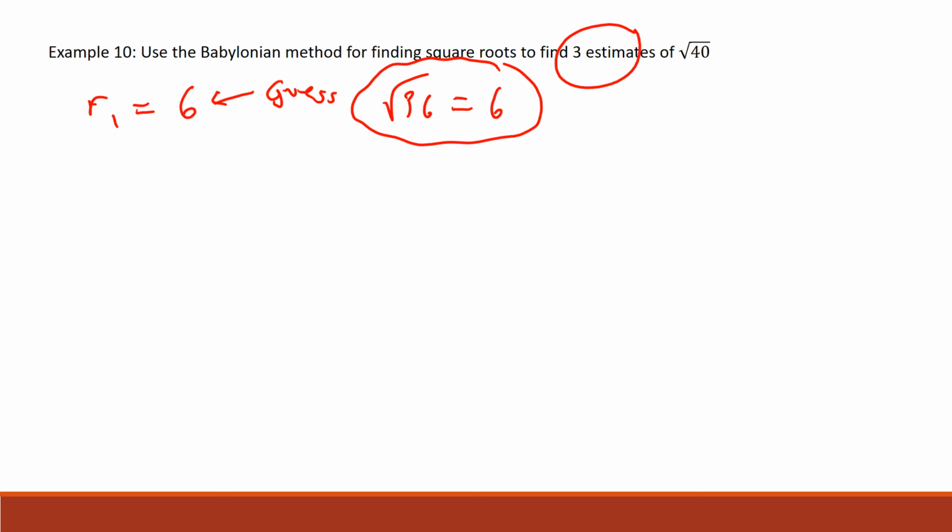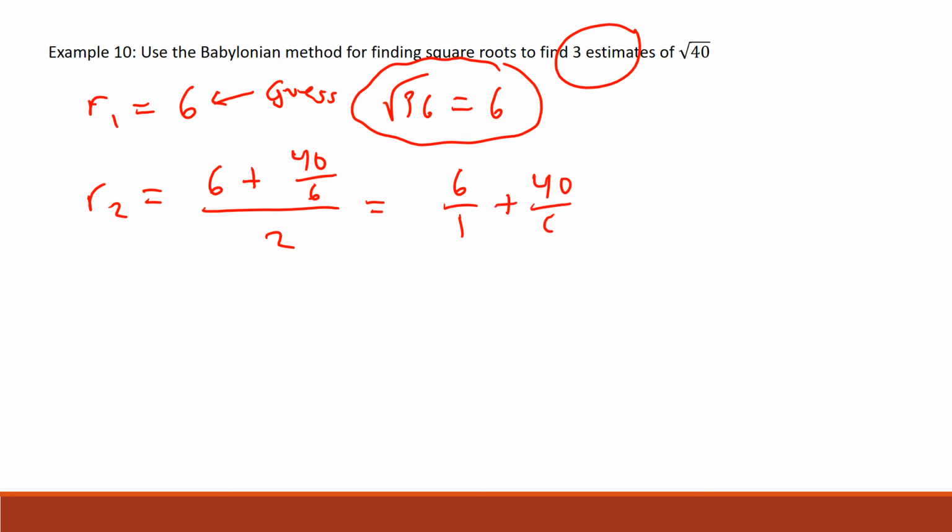Now we're going to do R2, our second guess. That's going to be 6 plus 40 divided by 6, all divided by 2. That's 6 over 1 plus 40 divided by 6, all times 1/2.